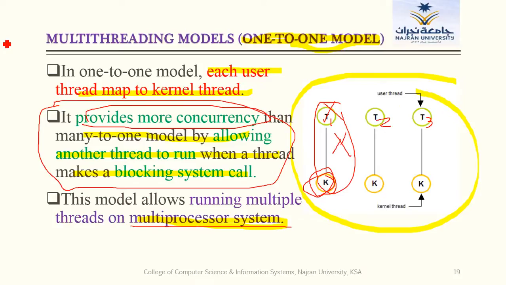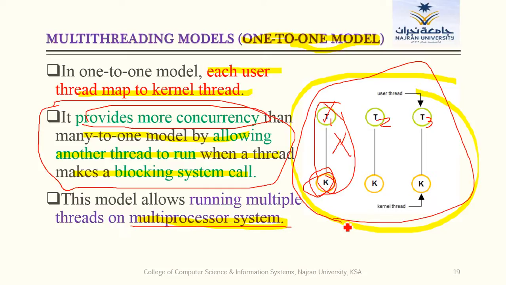In the one to one model we have seen that for each user level thread we have one kernel thread, as you can see in this diagram, for each user level thread we have one separate kernel thread.